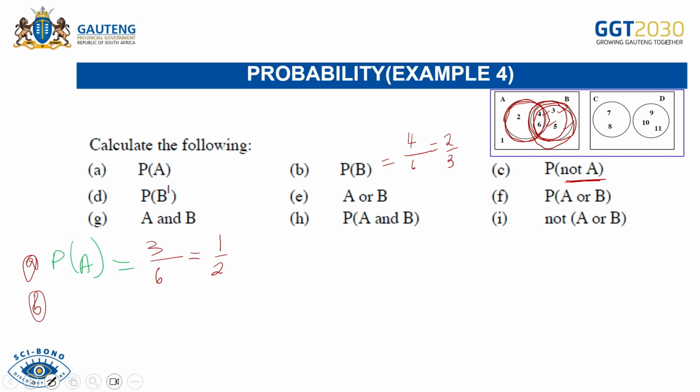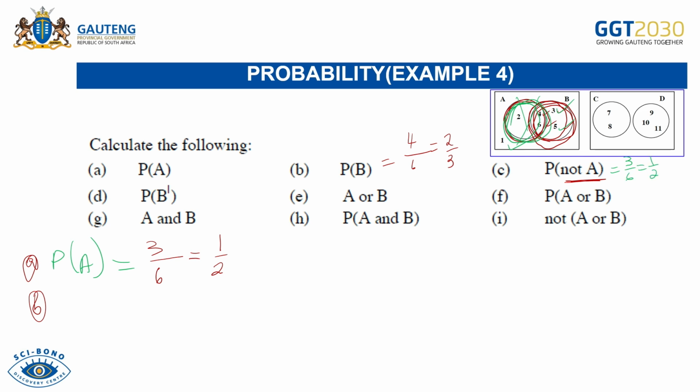Let me just use a different color. If it's not A, it means everything in A is out. We cancel it out. Then you'll be left with the 3, the 5, and the 1. So you'll have 3 all over 6, which is going to be 1 all over 2.